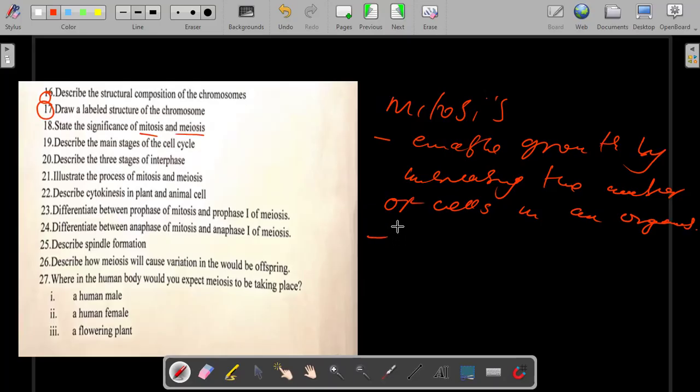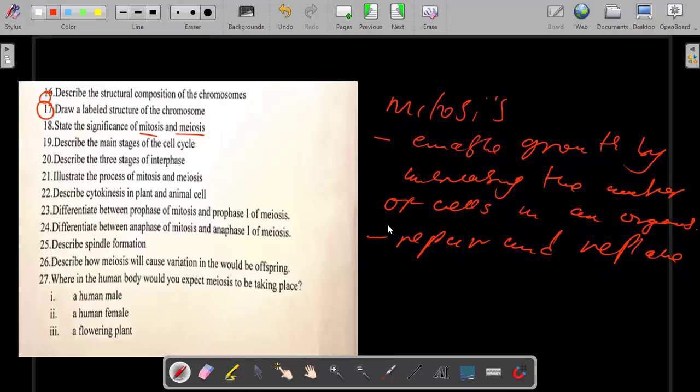Okay, it also helps in repair and replacement. So mitosis is also important for repair and replacement.